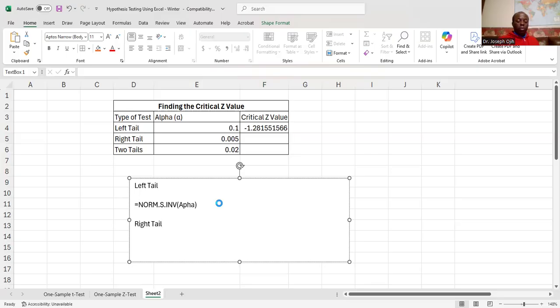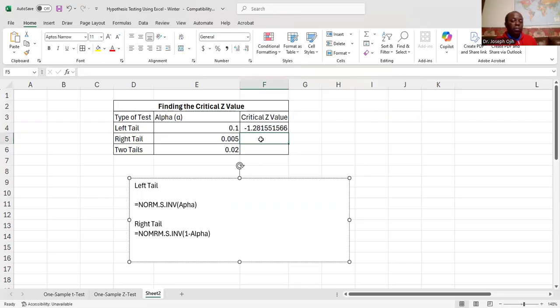For the right tail, we're going to use equals NORM.S.INV of 1 minus alpha, then press the enter key.